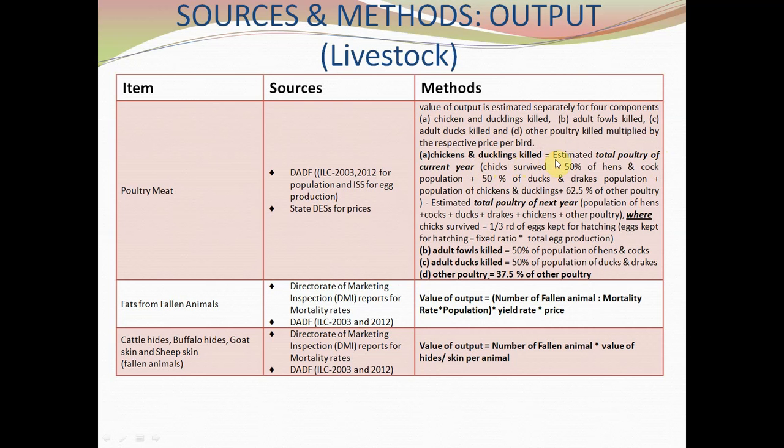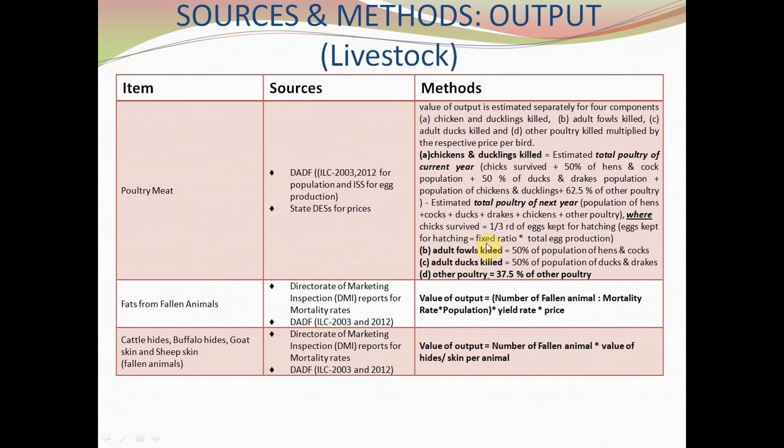Chicken and ducklings killed is calculated by using estimated total poultry of the current year, that is chicks survived plus 50% of hens and cocks population plus 50% of ducks and drakes population plus population of chickens and ducklings plus 62.5% of other poultry, subtracting estimated total poultry of next year, which is the population of hens, cocks, ducks, drakes, chickens, and other poultry. Chicks survived are one third of eggs kept for hatching.